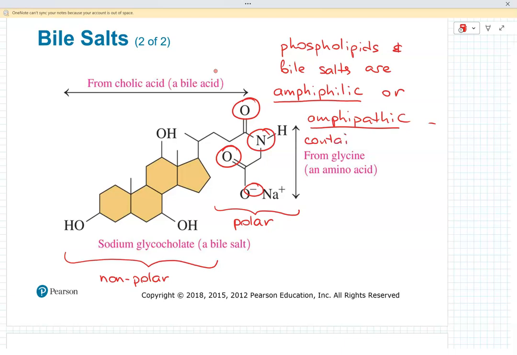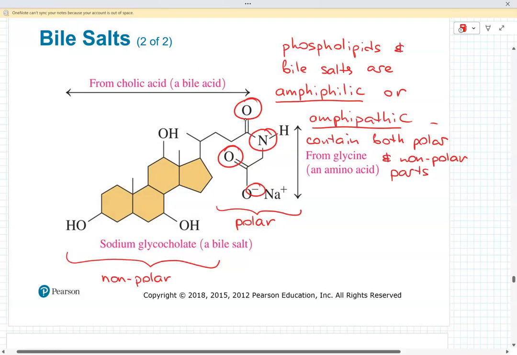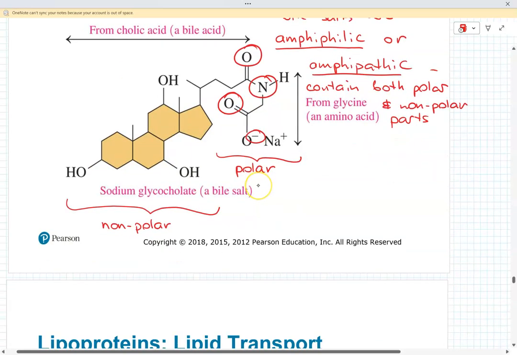They contain both polar and nonpolar parts. Making sense? Now, why do you want this? Why do you want polar and nonpolar?